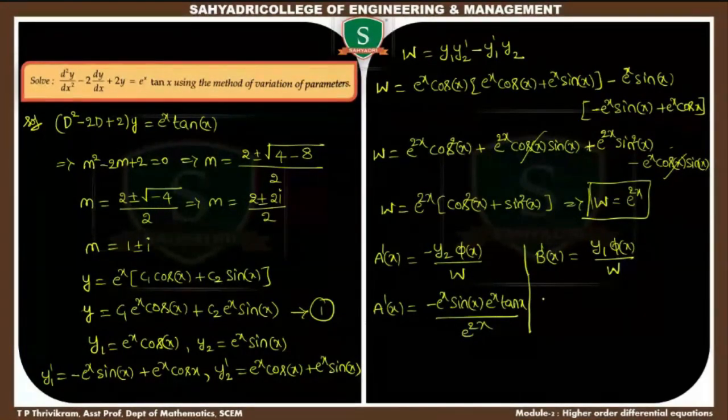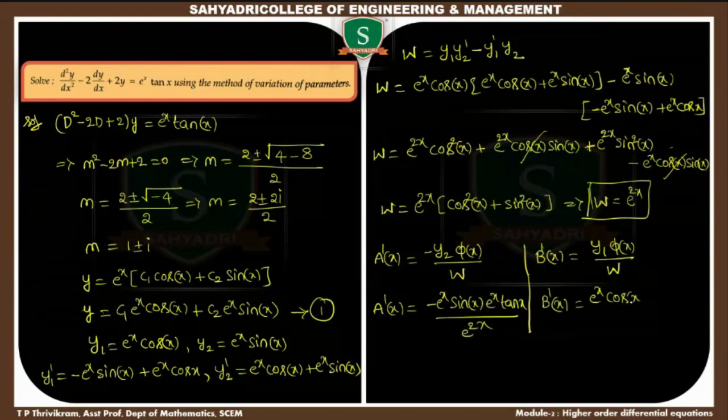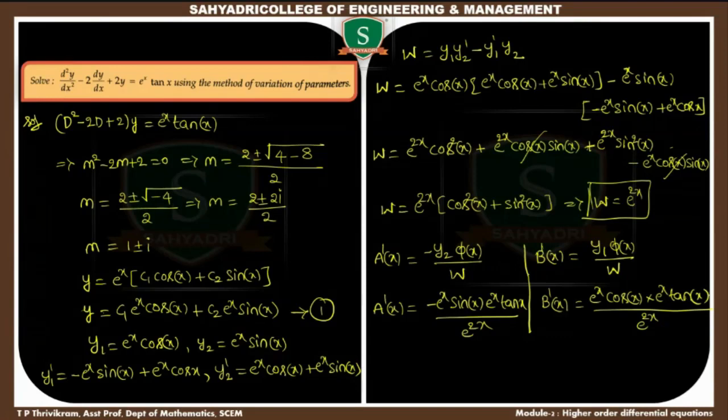Similarly, B dash of x is e power x cos x into e power x tan x divided by the Wronskian e power 2x. Okay, so A dash of x is equal to, these two get cancelled, correct?